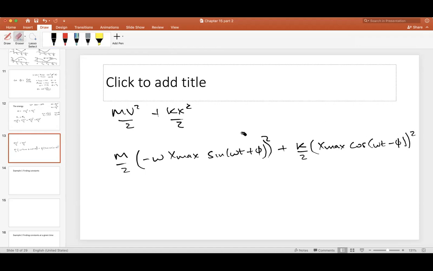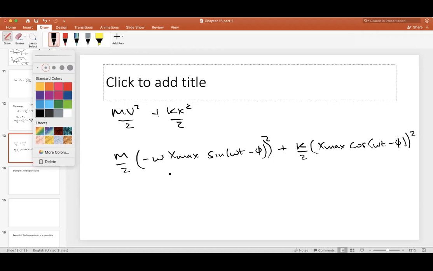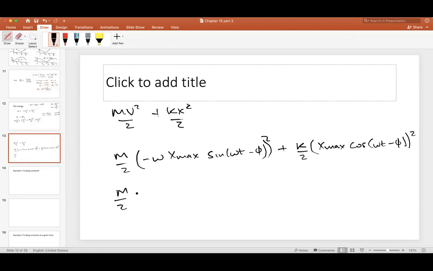Okay, so let's look at this, and we get that m over 2 times omega squared times x max squared times sine squared of omega t minus phi plus k over 2 x max squared cos squared omega t minus phi, right?